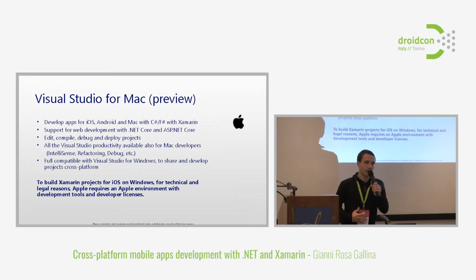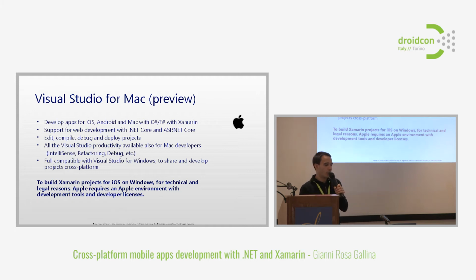The only limitation of this approach is that if you want to build iOS applications with Xamarin, you need an Apple machine with macOS installed, because of licensing issues and components inside the Apple build system.